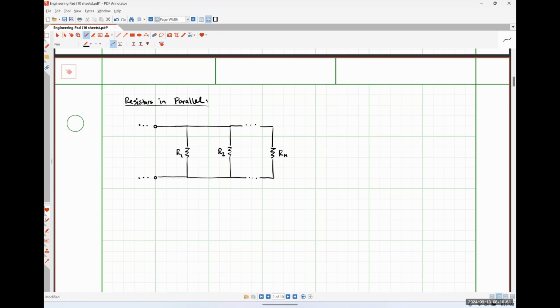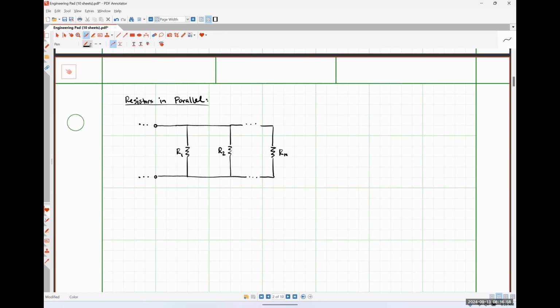Once again, since our network is part of some larger circuit, we're going to make a couple of assumptions. There will be some current flowing into our network containing our parallel resistances, and there will be some voltage drop across our network containing these parallel resistances.